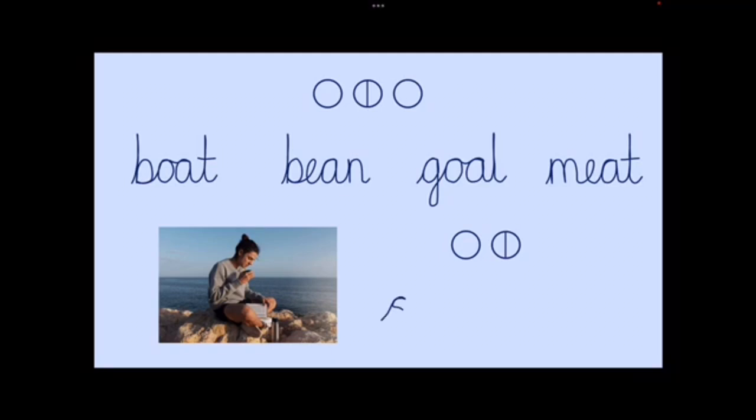S is S. E is EA. T is T. And E is EA. Again. Two words that use a spelling for the middle of a word at the end of the word.